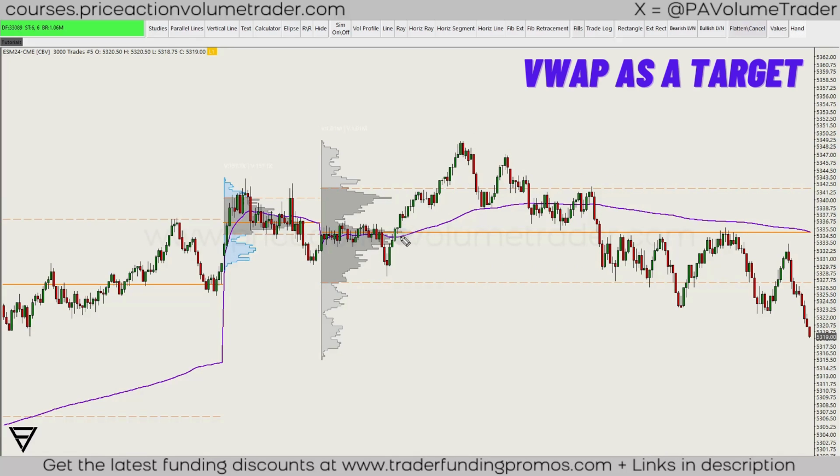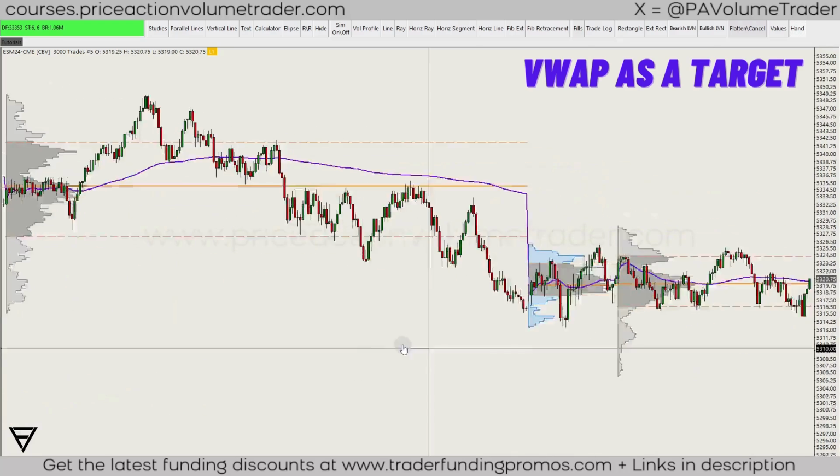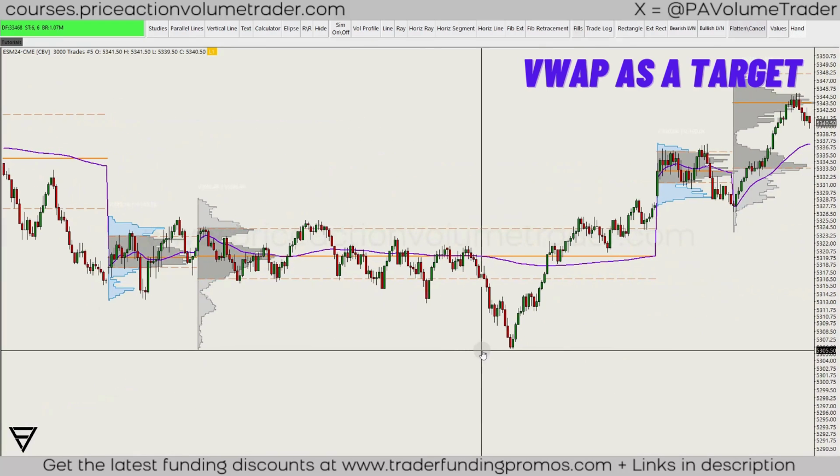So for example, here we have this move up. Let's say you got short right around here. Immediately, I would obviously be looking at the developing volume profile for this session and any high time frame important levels I have marked. But VWAP is an excellent area to take profits or close out your trade entirely if you're looking for short-term trades.